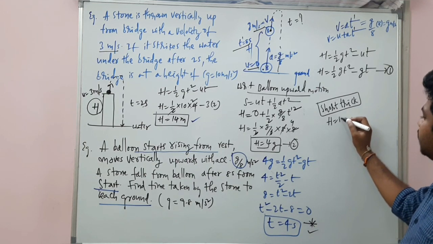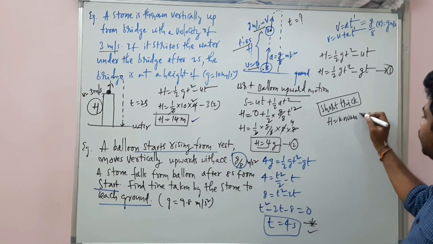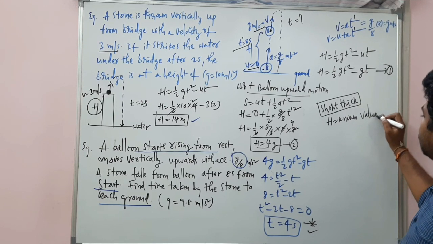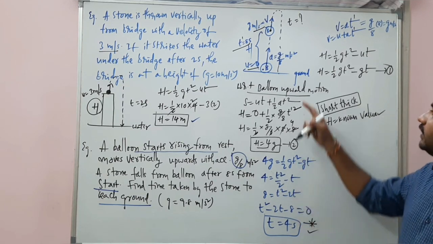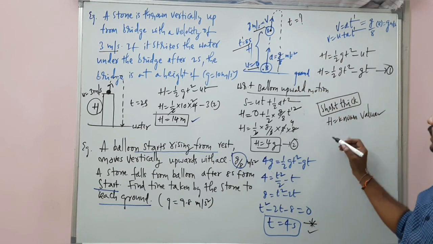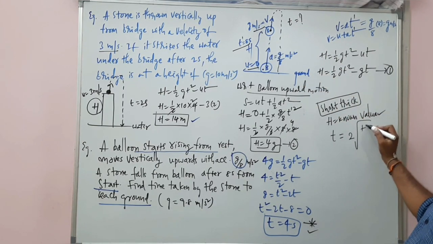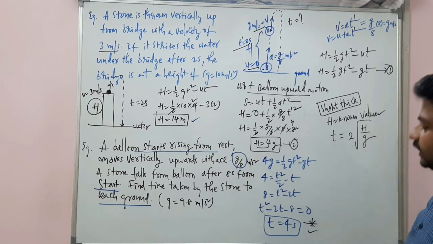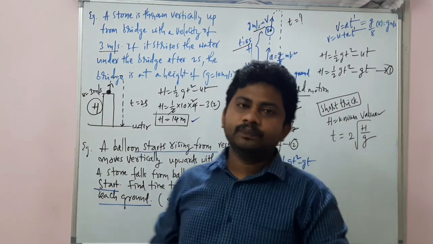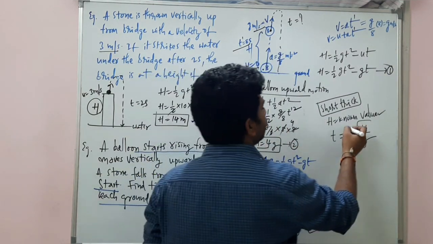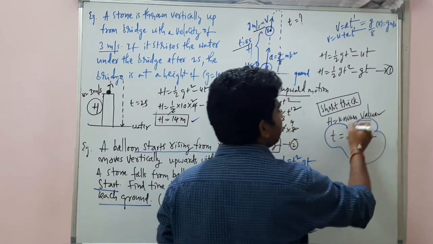When H is the known value, there is a short trick to find the time taken by the stone to reach the ground. So T is equal to 2 into root of H by G.